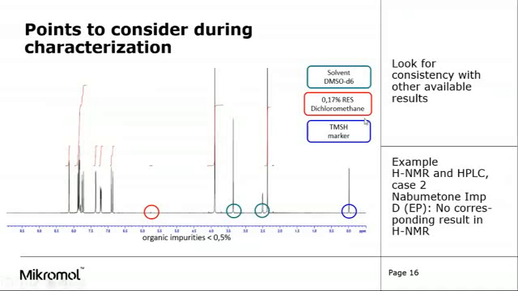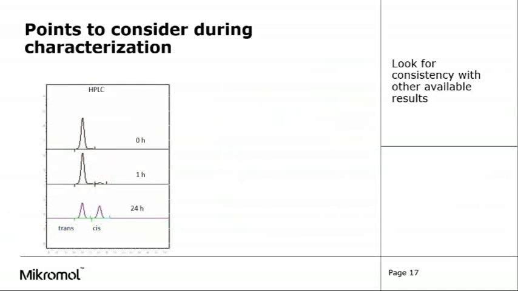However, we look at the NMR and we see here shown in red just a small signal for a little bit of residual dichloromethane. These signals correspond to the DMSO solvent that was used. And of course, we have the trimethylsilane marker, but nothing else really showing up in the NMR that would suggest there's a 10% impurity present in this material. So what's going on?